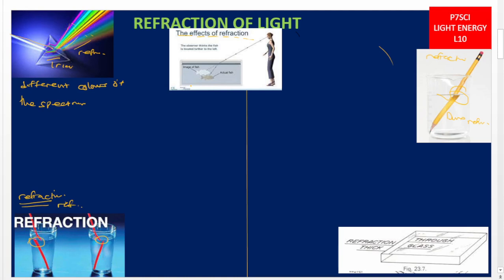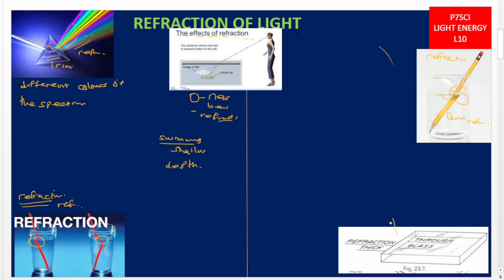Then a coin or a fish put in a container appears to be nearer and bigger than its real position. Why? This is due to refraction of light. Then a swimming pool also appears to be shallower than its normal depth, simply because of refraction of light.